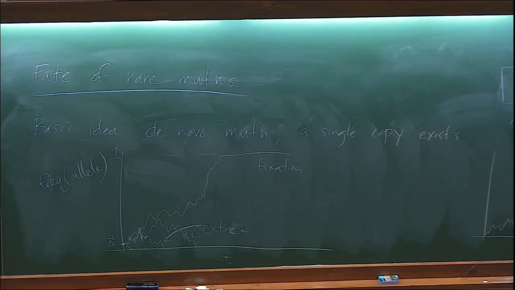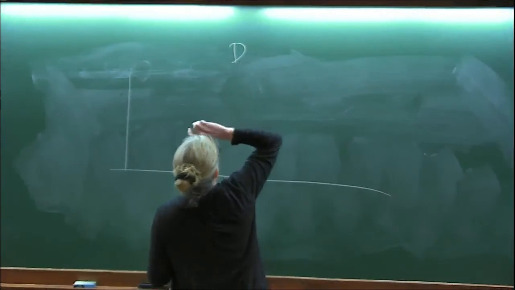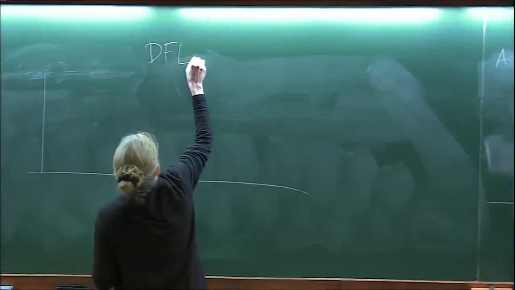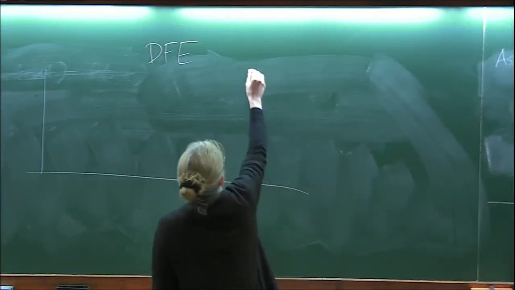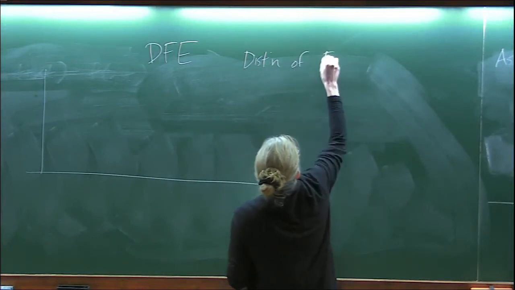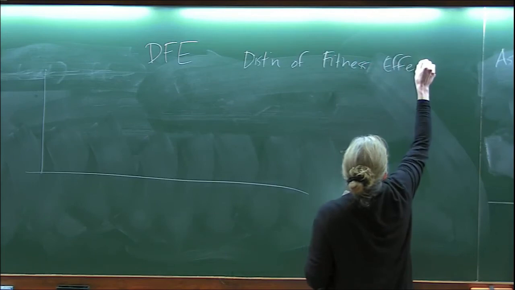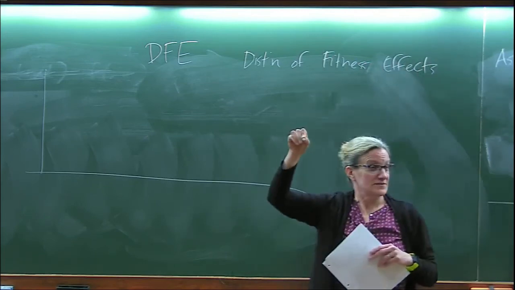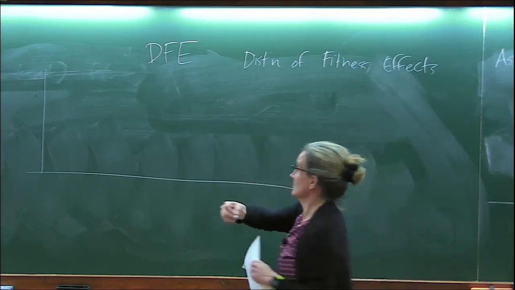Okay. So back to who fixes and who doesn't fix. I wanted to draw the DFE, the distribution of fitness effects of mutations. I assume you guys have seen some sketches of these, at least in your intro pop gen.